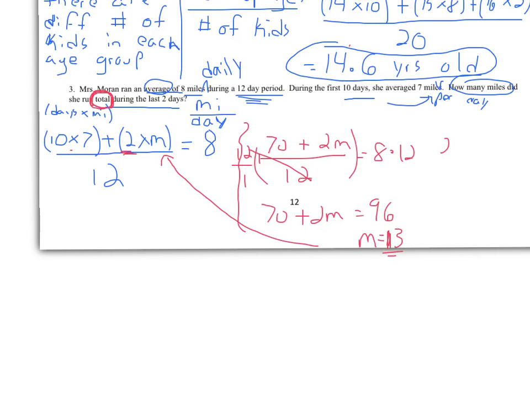So the answer is, and you can make a note of this, 2 times 13 miles each of those 2 days. So the grand total is, how much did she run total? 26 miles. Again, total in those last 2 days. That's not 26 miles per day. That's 26 miles total in those last 2 days.